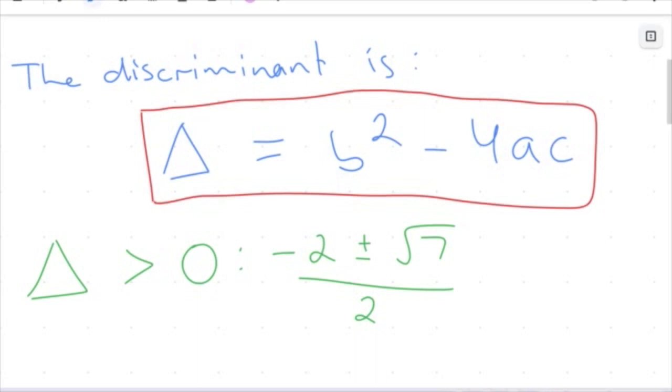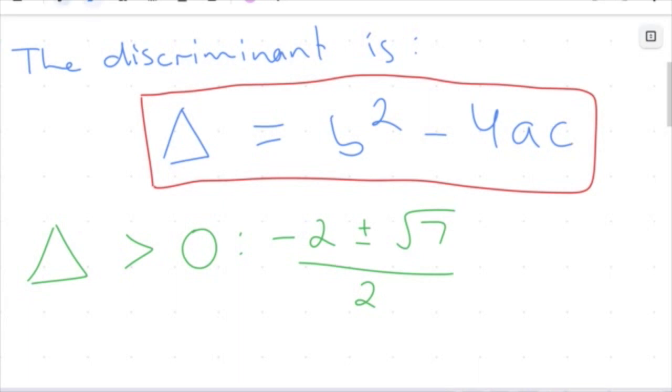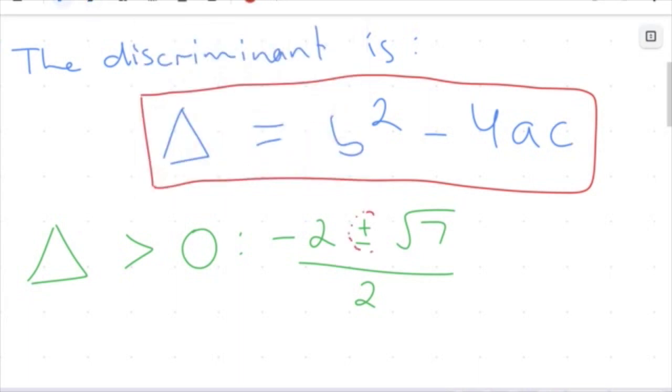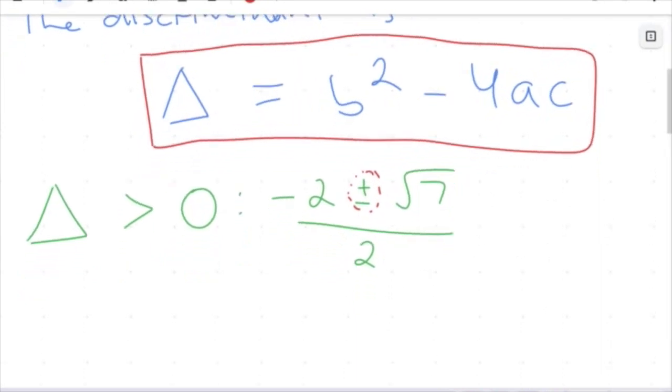And when we have something actually in the square root sign, then that means that our plus minus thing gets applied. That means my solutions are going to be negative 2 plus root 7 over 2, or negative 2 minus root 7 over 2. So for something like this, we end up with 2 solutions.